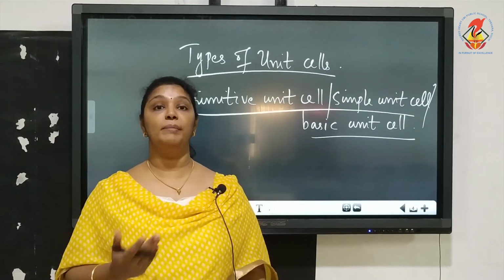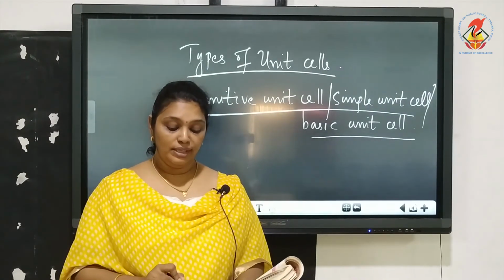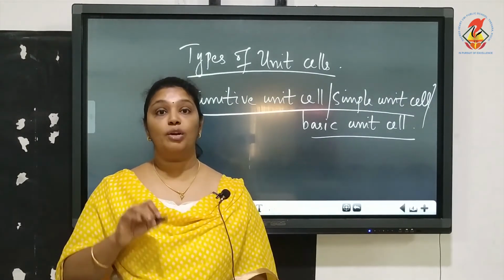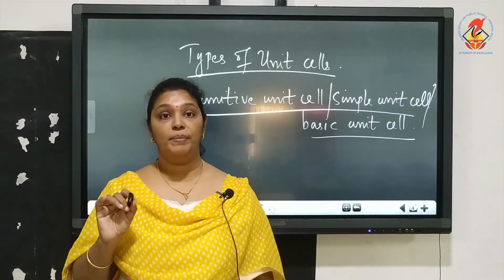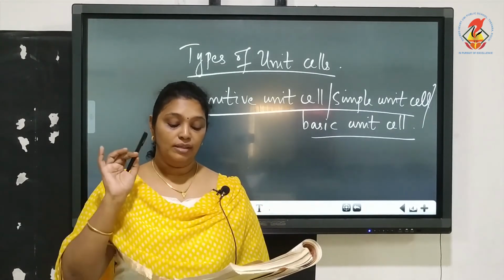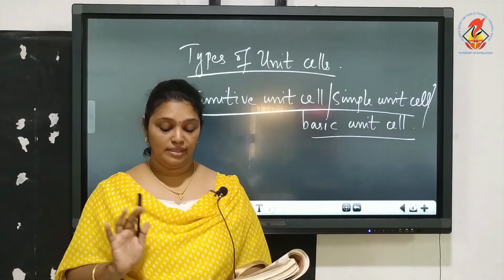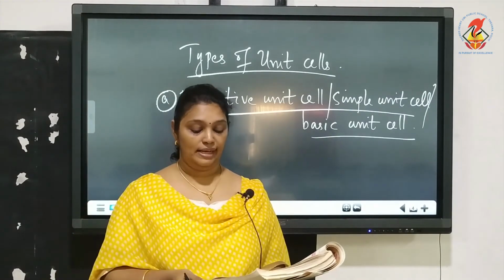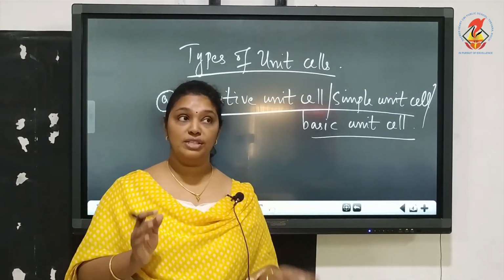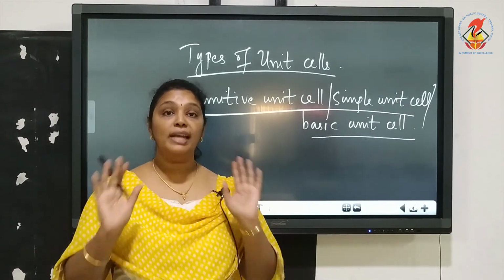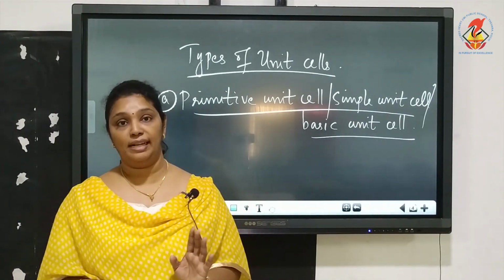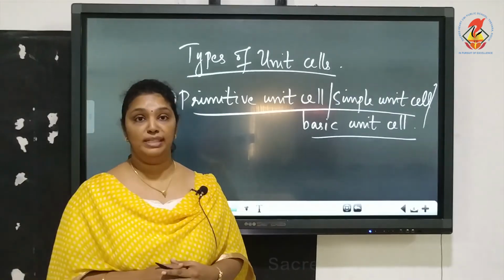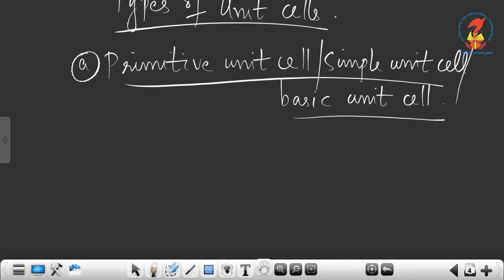Now what do you mean by a primitive unit cell? A unit cell in which the constituent particles are present only at the corners. That is called a primitive unit cell. So how can you show a primitive unit cell?